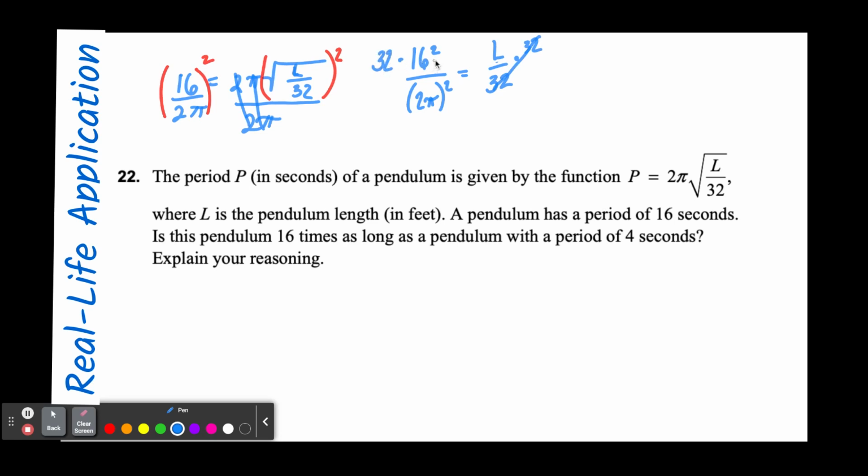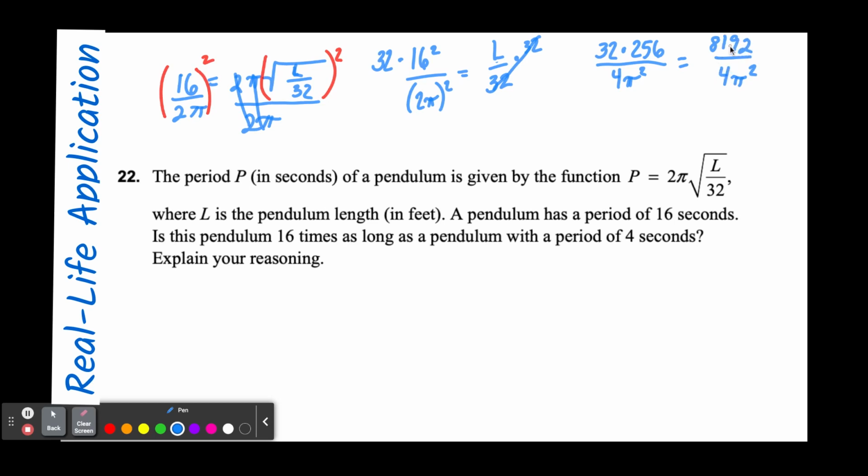And now we need to do some number crunching here. We've got 32 times 256 all over 4 pi squared. That's 32 times this 256, which is 16 squared, and then 2 squared is 4, and pi squared. This gives me 8,192 over 4 pi squared, and that's even and that's even.